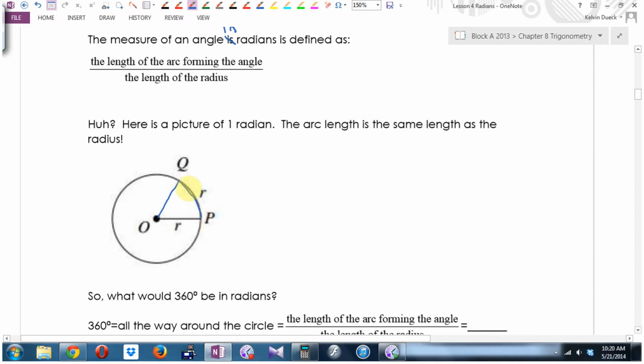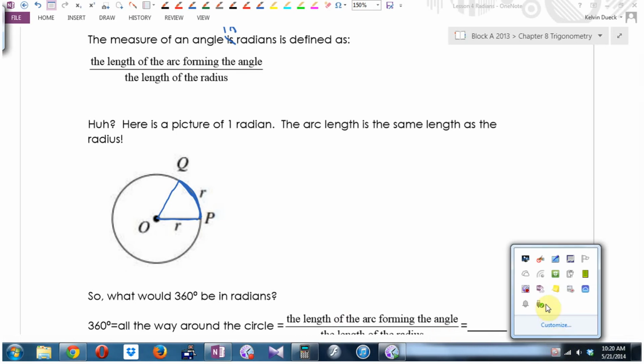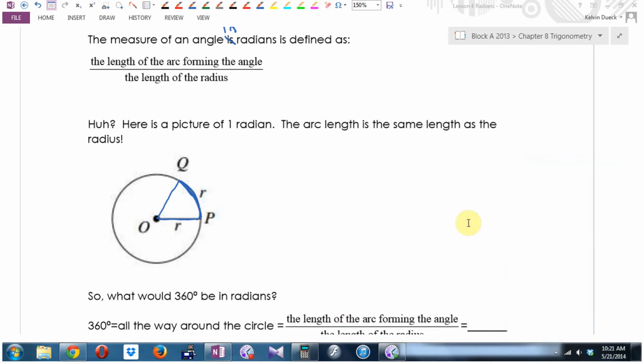If you draw an arc length that's exactly the same length as the radius, let me just pause. Click. 1 radian. Look, if this length here is exactly the same length as the radius, that's 1 radian.